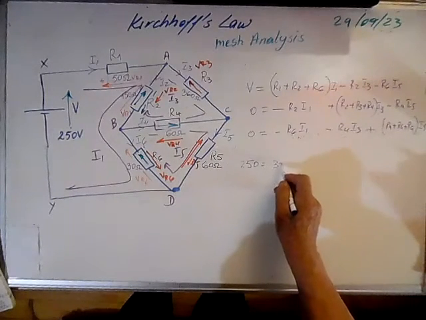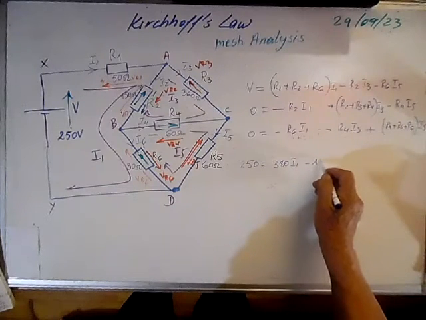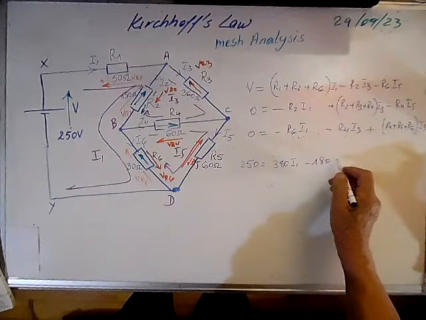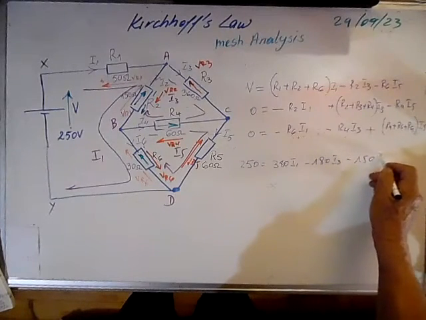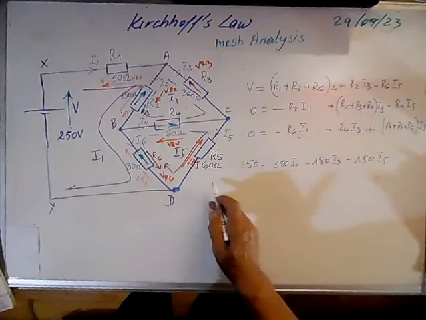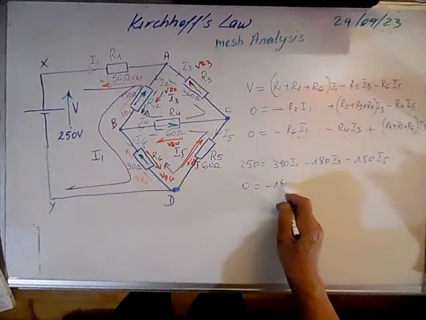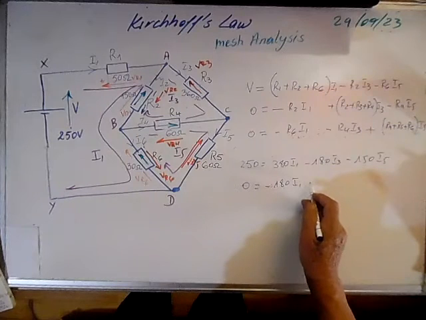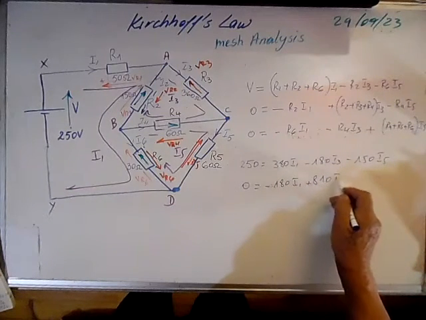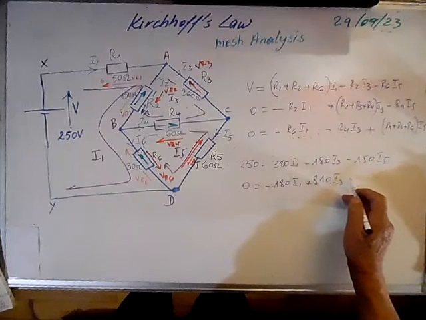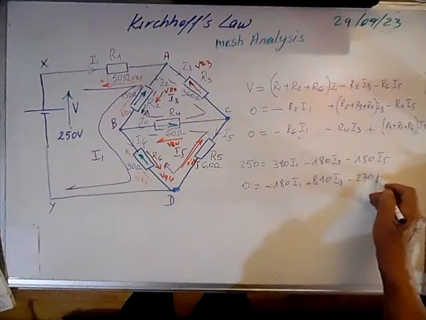It's 380 I1 minus 180 I3 minus 150 I5. 0 is equal to minus 180 I1 plus 810 I3 minus 270 I5.